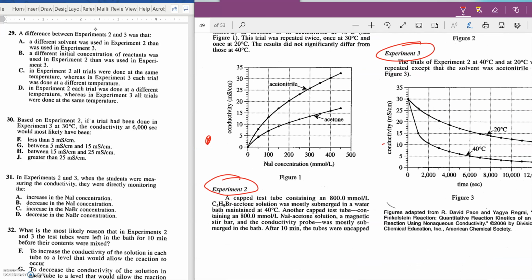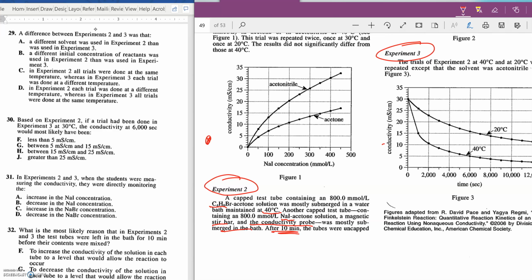A capped test tube containing 800 of the acetone solution was mostly submerged in a water bath at 40 degrees. Another capped test tube containing 800 of this other solution, a magnetic stir bar, and the conductivity probe was mostly submerged in the bath.